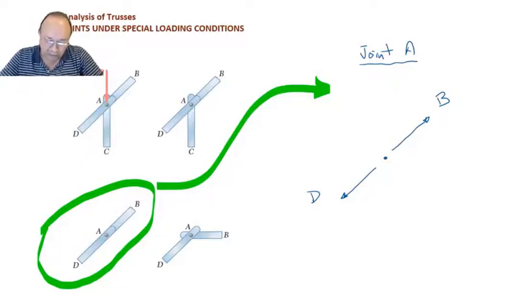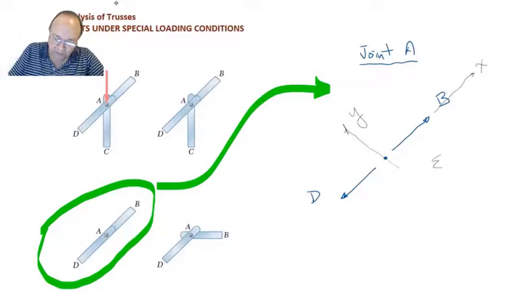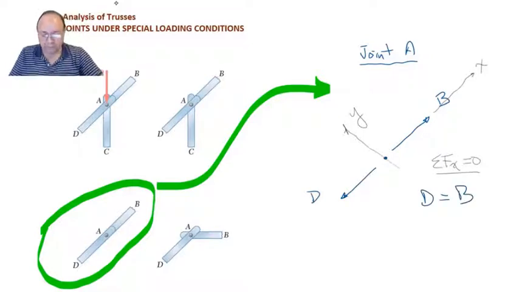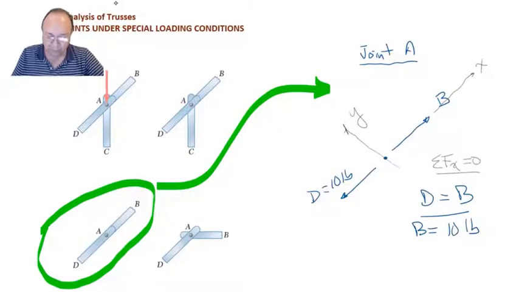So if they are collinear, you just set up a set of axes here. Say this is the x-axis and this is the y-axis. So by summation of forces in the x direction equals 0, you can state that D equals B. If you already know that this bar carries a load of 10 pounds, then you know that B is equal to 10 pounds also, because this force has to be equal to this force.